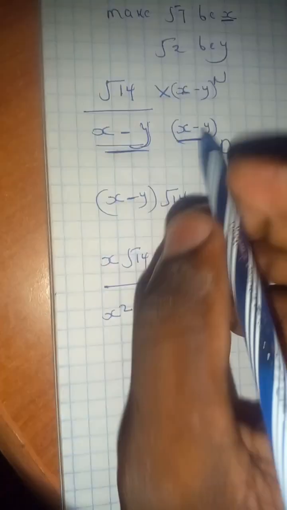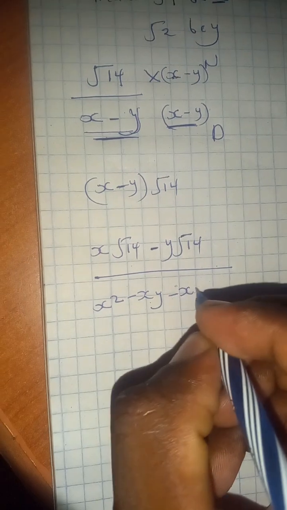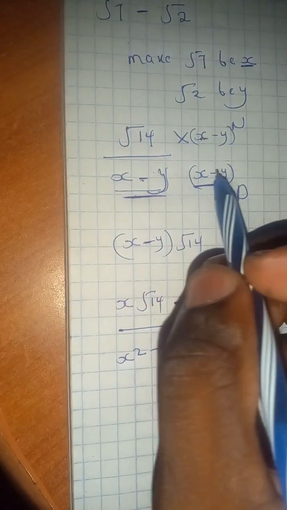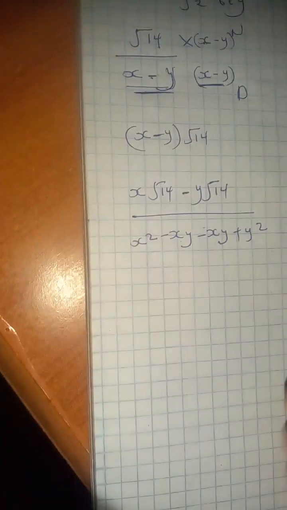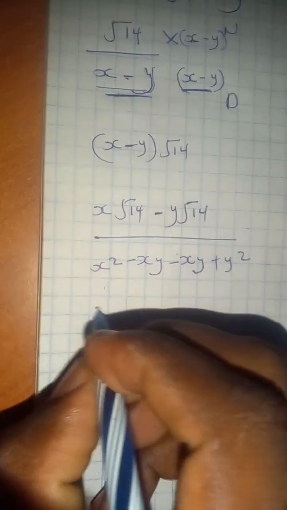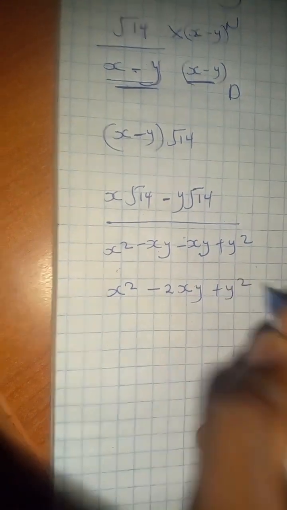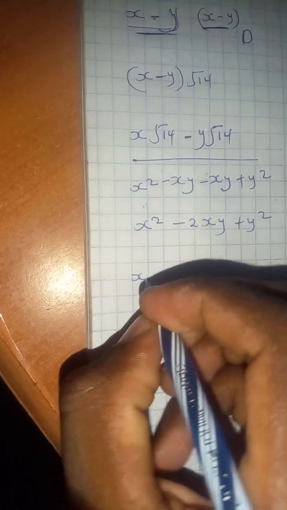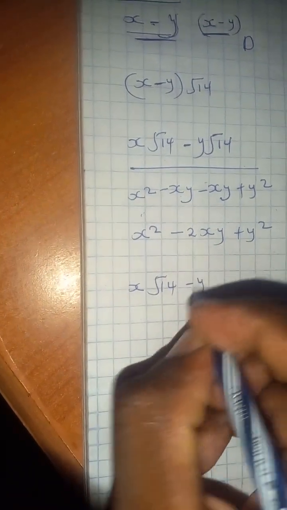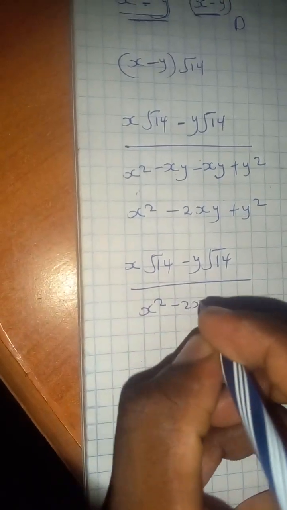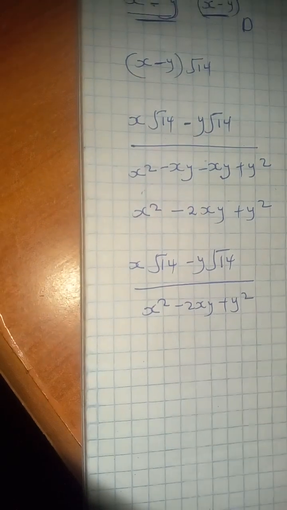So x squared minus xy, minus again xy, plus y squared, because negative y multiplied by negative y will be positive. So it will be x squared minus 2xy plus y squared. So x root of 14 minus y root of 14, divided by x squared minus 2xy plus y squared.